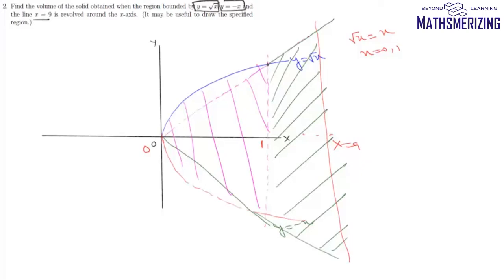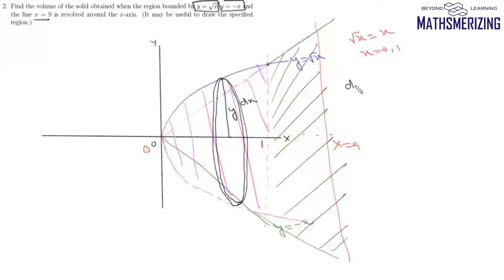Now we know that the volume of revolution is given by this small cylinder whose radius is y and whose width is simply dx.